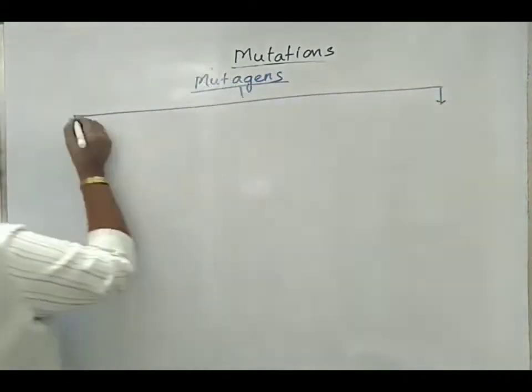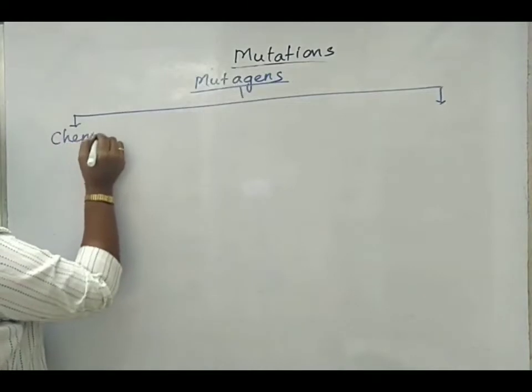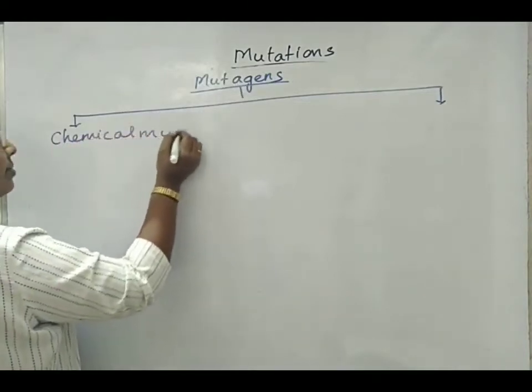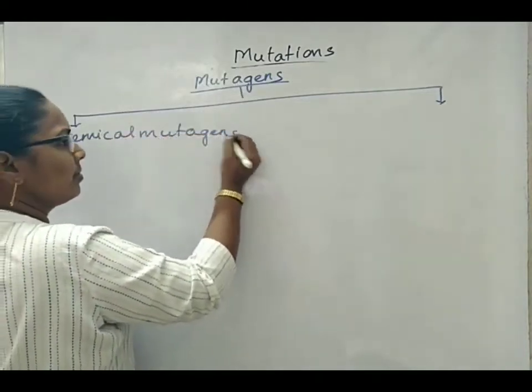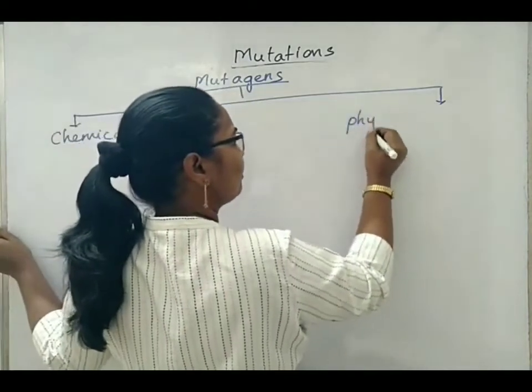Mutagens are of two types. One is chemical mutagens, the other is physical mutagens.